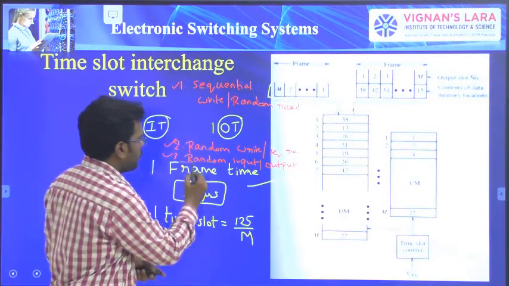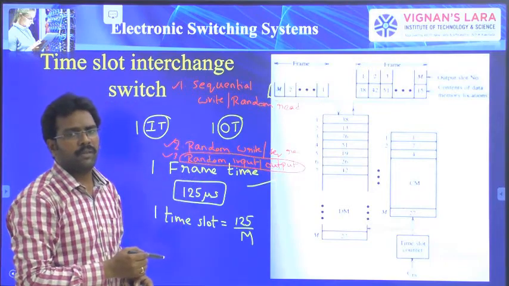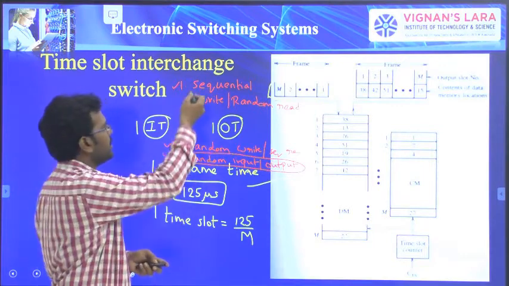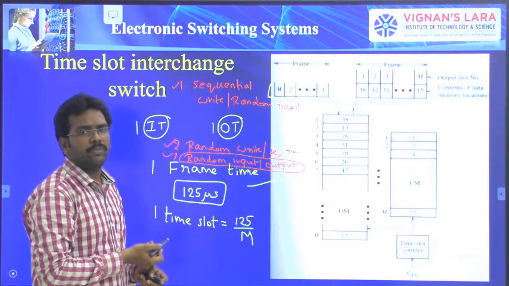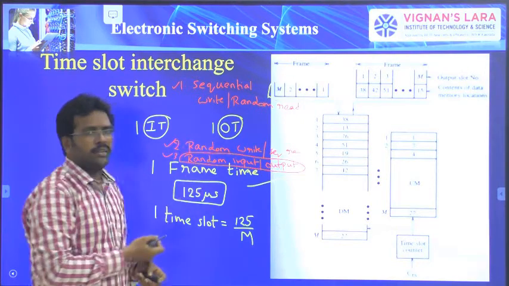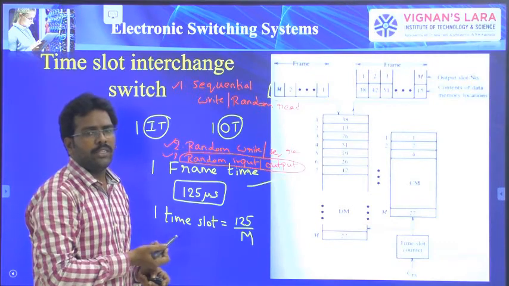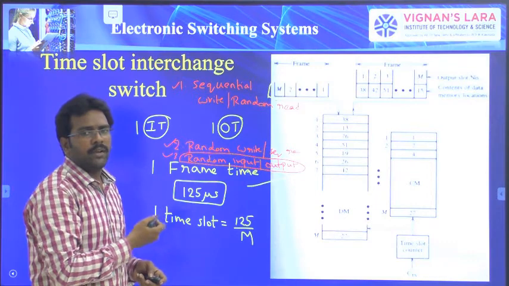The advantage of the third method is that you can increase the number of subscribers, which is not possible in the first and second methods, because they include all the active and inactive inlets. But in the third method, we choose only the active inlets and active outlets. That's the reason you can increase the number of subscribers in the third case.